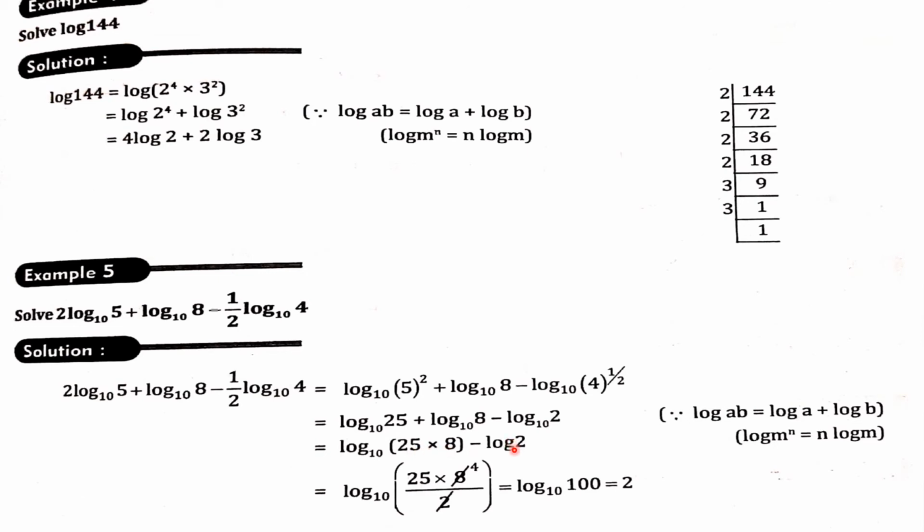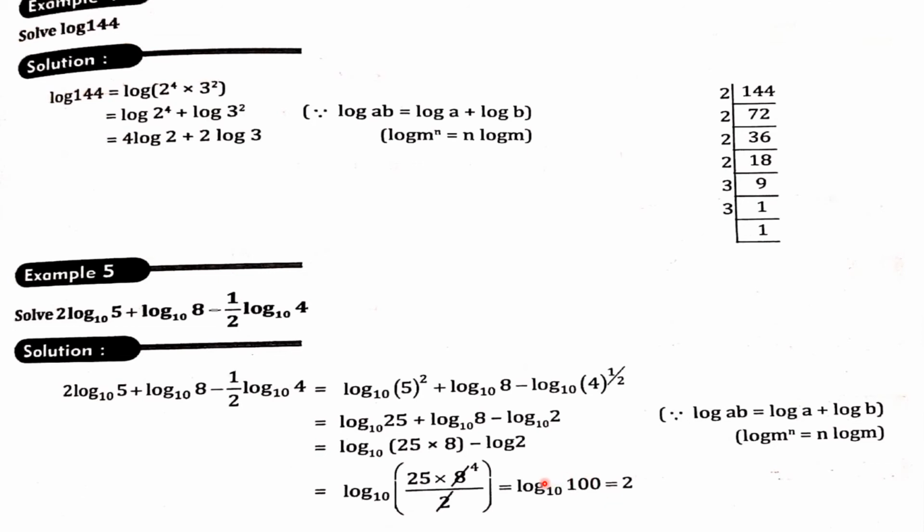Here they have not written 10, so you should write 10, or if you don't write also, it's not a problem, because it's all about base 10 what you are doing. So 25 into 8, and whenever you have minus, you will come for division law. So divided by 2, 2 1s are 2, 2 4s are 8. So 25 into 4 will become 100. Log base 10 of 100 will become the value 2.